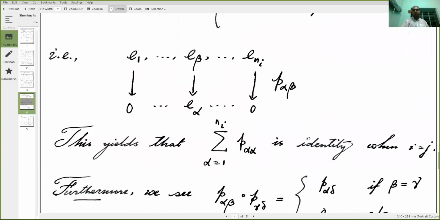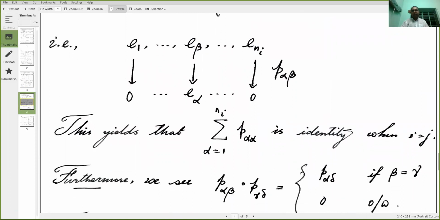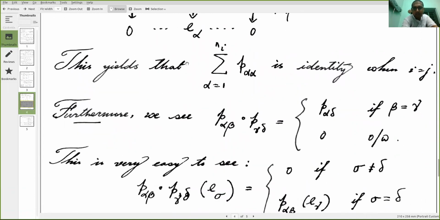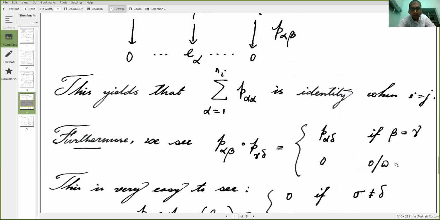So that's what we have seen so far. P alpha beta sends E beta to E alpha, and every other vector to 0. From that it is very easy to see that this summation when i equals j, the sum of these linear operators, is nothing but the identity. Why?